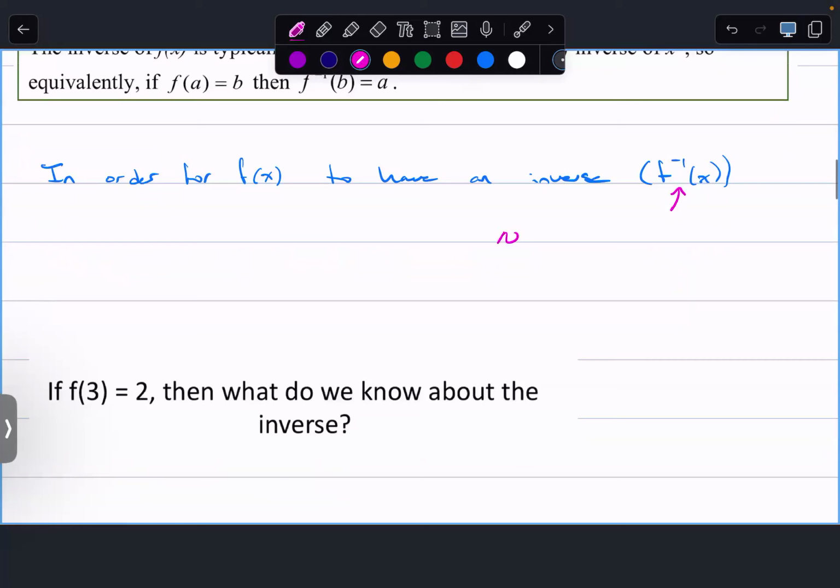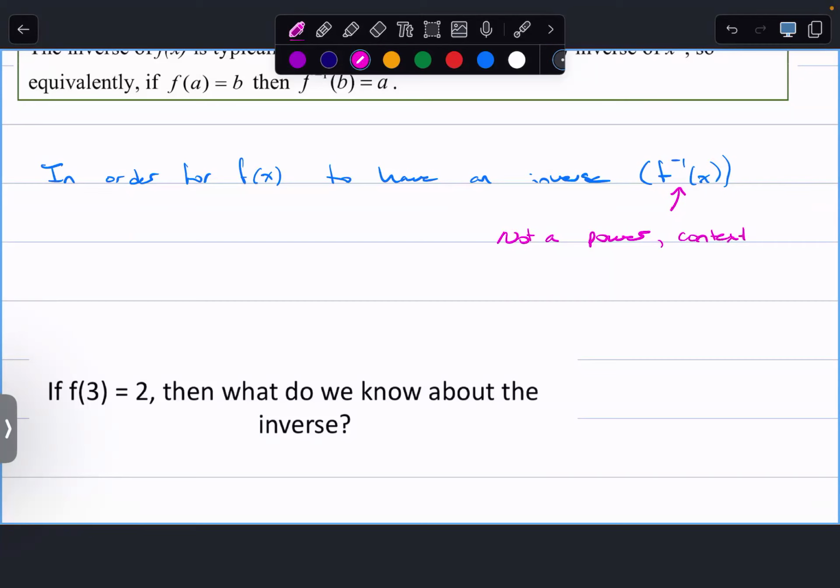And so this is not a power, although what does taking something to the -1 do? It's not 1 over f of x, but kind of, right? So that's why we use the notation. Not a power.